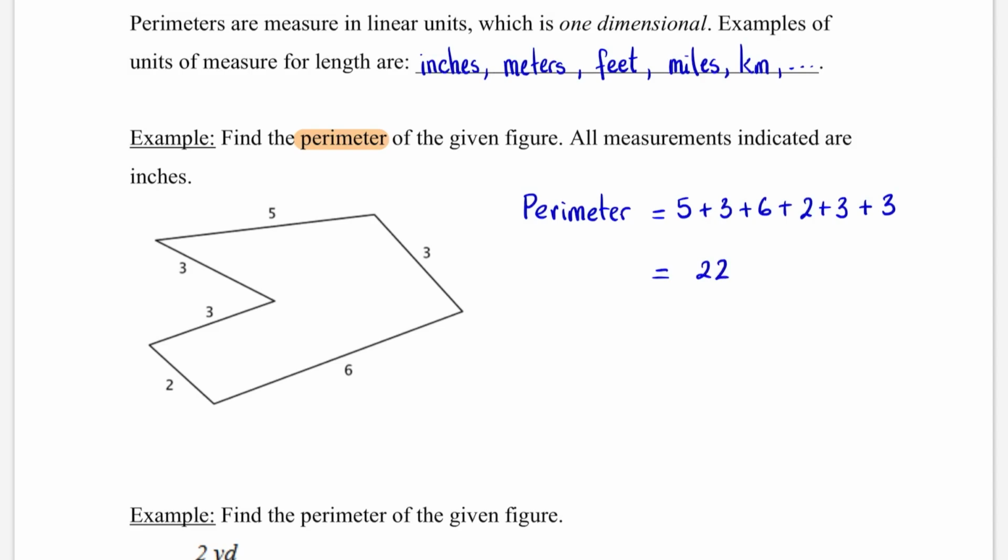Now, in the question, they say all measurements indicated are inches. So this is 5 inches, 3 inches, 6 inches, 2 inches, 3 inches, 3 inches. So the unit of my perimeter is also inches. So this is 22 inches.